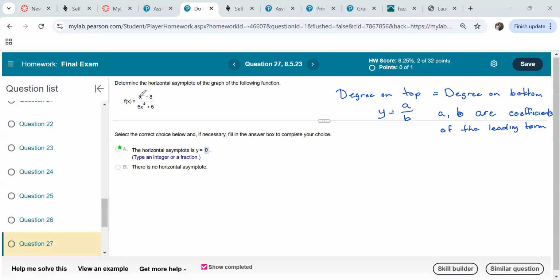So what that would mean is like this is 1, this is 6. So assuming the degree in the top and bottom were the same, it would be 1 over 6.